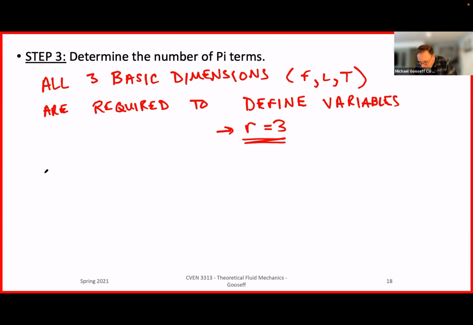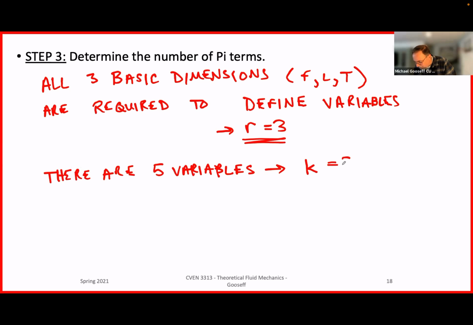And there, as we said before, are 5 variables total. So that means that K is equal to 5.